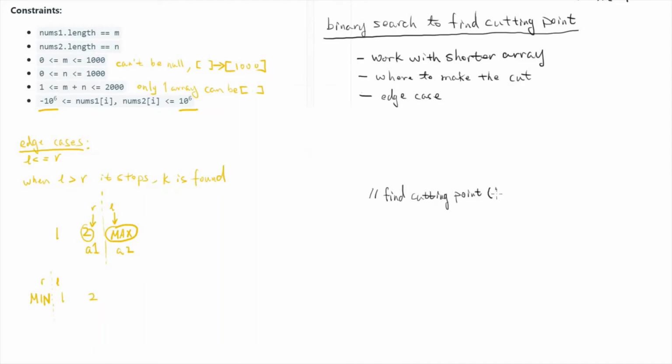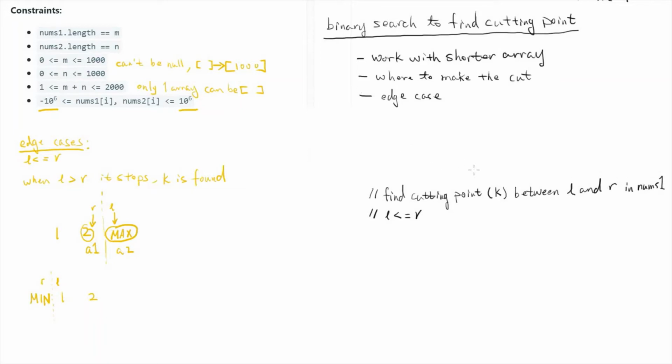The cutting point, I call it K. The left boundary, I call it L, and the right boundary, I call it R, in the first array, which is nums1. And we need a while loop for this search. The stop condition in our while loop is when L greater than R, so we will continue the while loop when L smaller or equal to R.